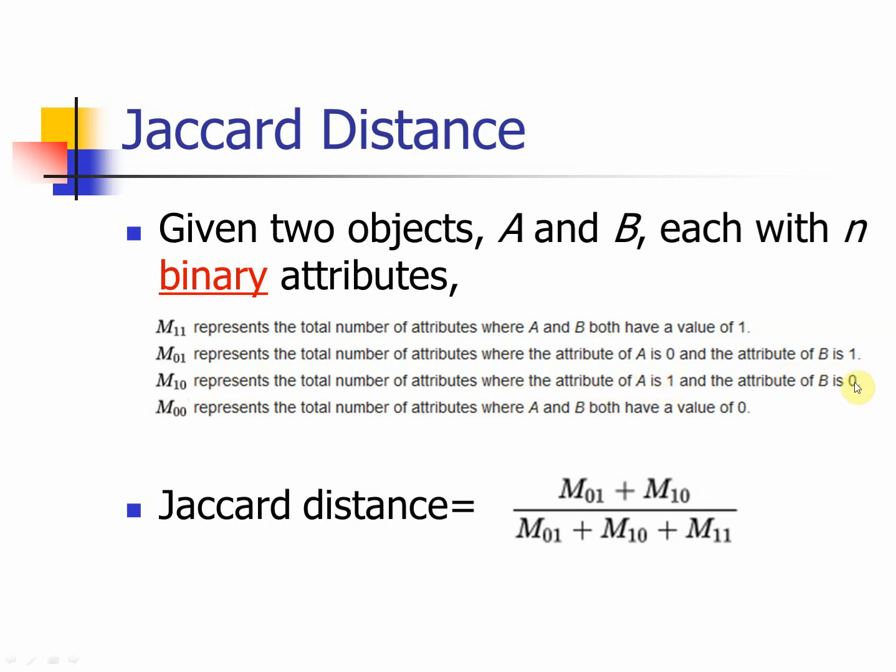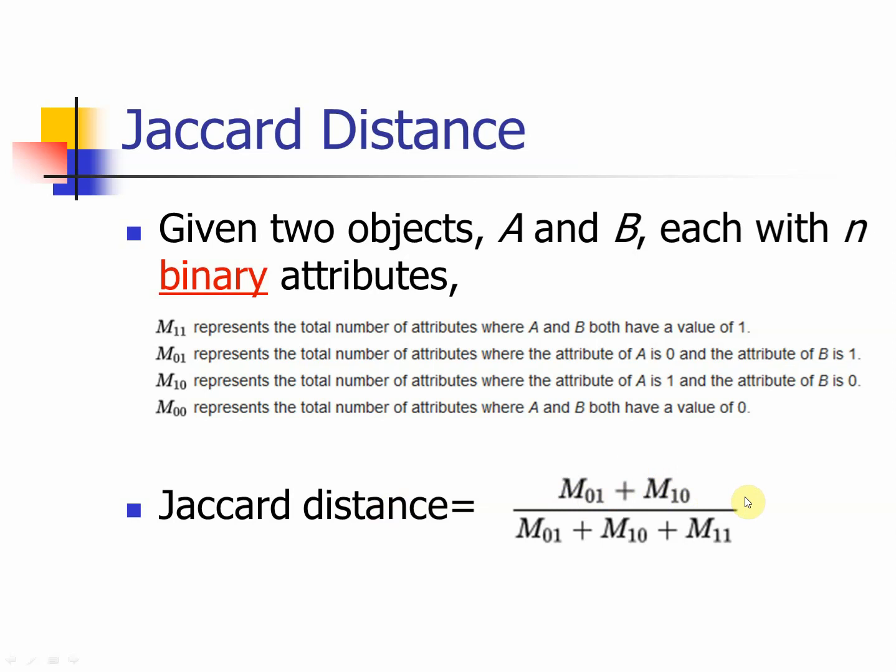So we will be able to calculate those values one by one, and then we can calculate the Jaccard distance, which is M01 plus M10 divided by M01 plus M10 plus M11. This is what we call the Jaccard distance. The opposite of that is the Jaccard coefficient, where the upper part has been changed to M11 instead of M01 plus M10.